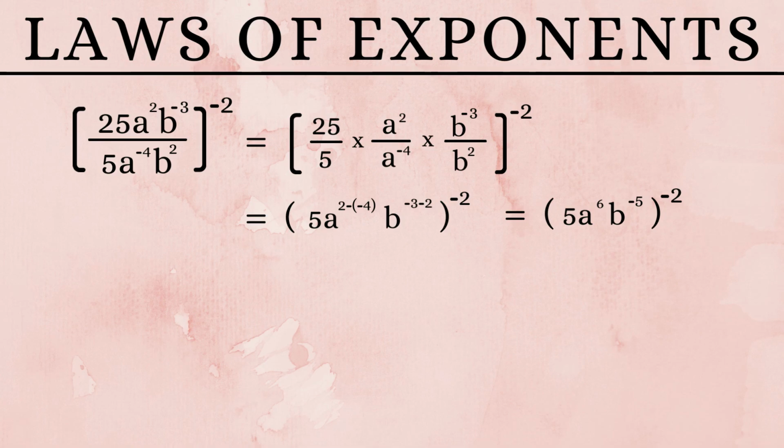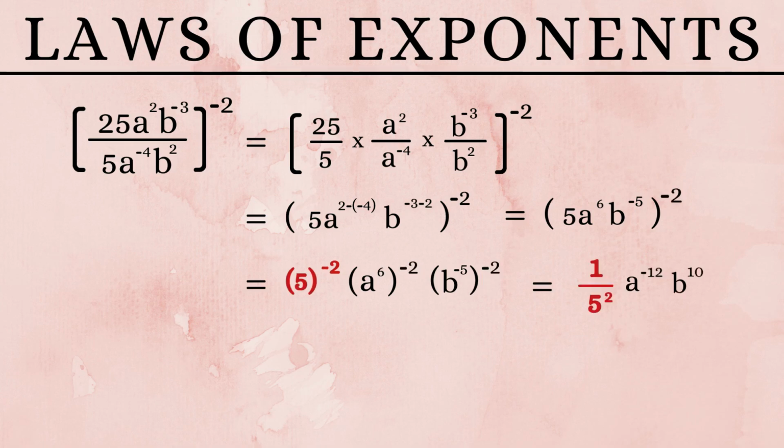Now, solving the exponent minus 2 will give us 5 to the power of minus 2 into a to the power of 6 whole raised to minus 2 into b to the power of minus 5 whole raised to minus 2. Here, 5 to the power of minus 2 becomes 1 by 5 square.